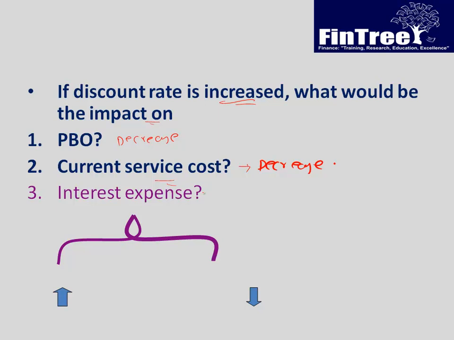So it's common sense, there's no rocket science here. See, though your discount rate has increased, which you would be multiplying to find out interest cost, won't your liability decrease substantially? Yes, depending on whether it's a mature plan or a young plan. So when it's a young plan, what would be the impact?